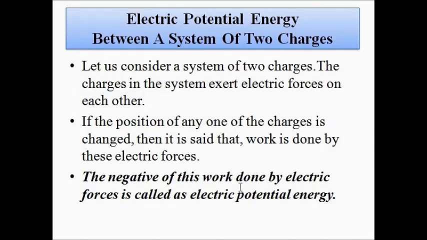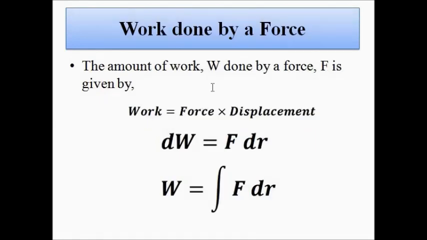So this is the basic theoretical thing. Now let us go to the mathematical representation. The work W done by a force F is force into displacement. A small amount of work dW is equal to the force, which is a constant value, times dr, a small displacement. dW is equal to F dr. The total work W is calculated by integrating F dr from the lower to the upper limit of displacement.